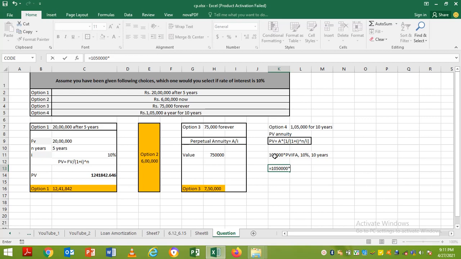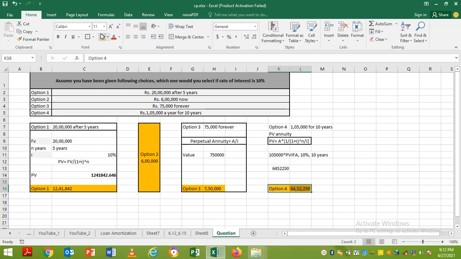You can find the value with the help of a calculator, or with the annuity table, and the factor is 6.145. So if you make an investment in option 4, you will get 6,45,000... it is 6,452,250.